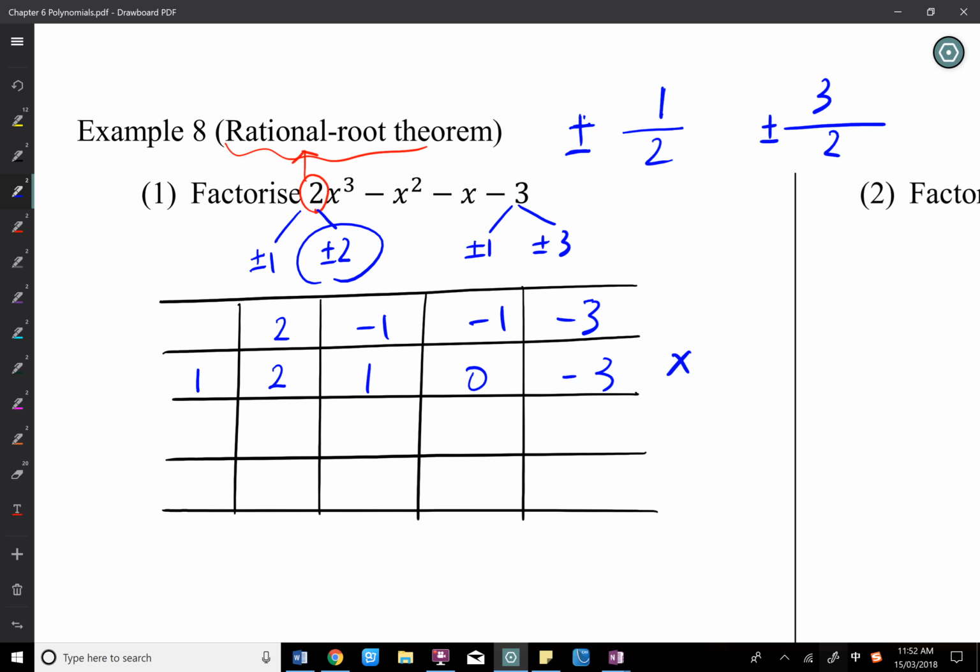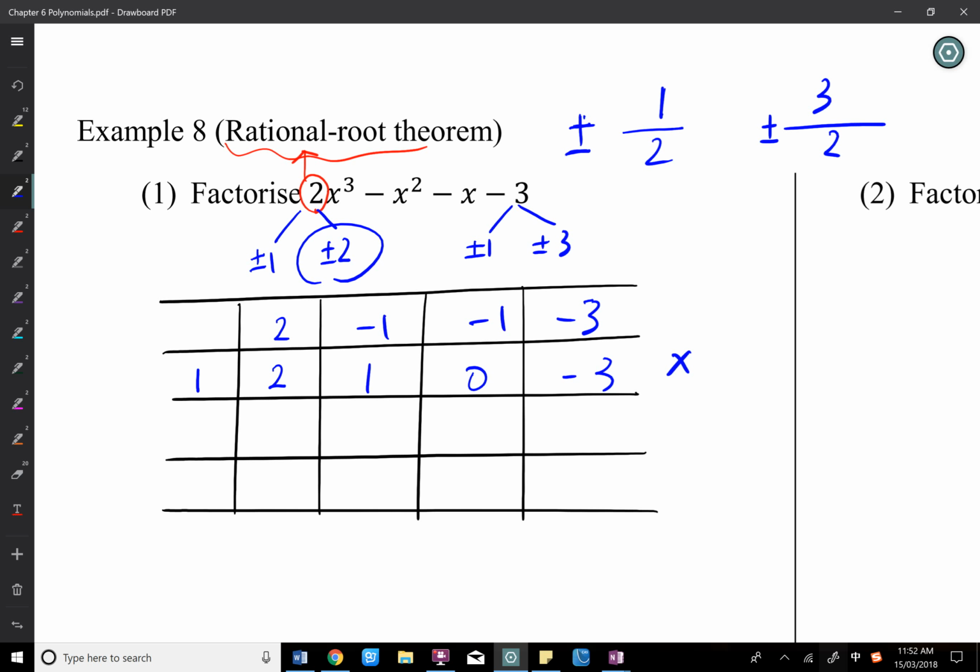So I need to find another number that will work, because if those 6 are not working, you can't just randomly try 5. 5 is not going to work. If it works, it will only be those numbers. But if it's not working, I need to think about some more things that can make it work. So that will be plus minus 1 over 2 or plus minus 3 over 2.